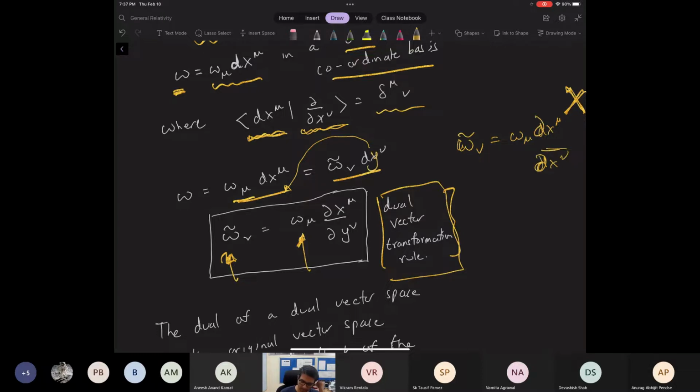Sorry, I've written this as y, so this is y^nu. So this is a quick way to remember this rule for how to transform dual vector coefficients versus vector basis coefficients.